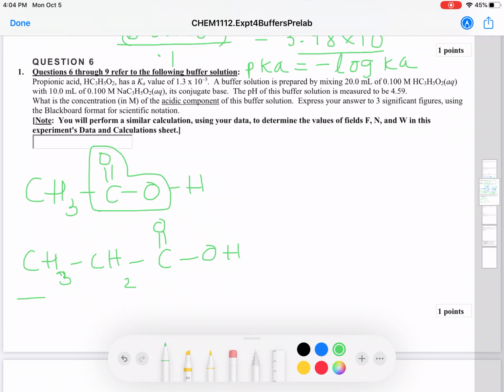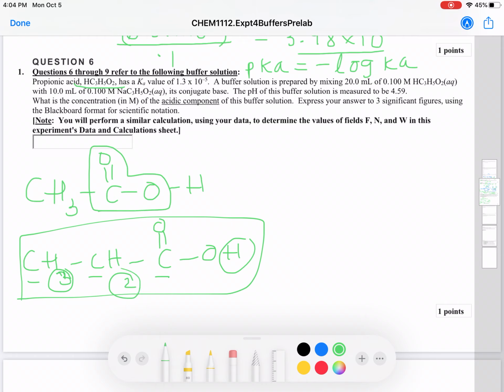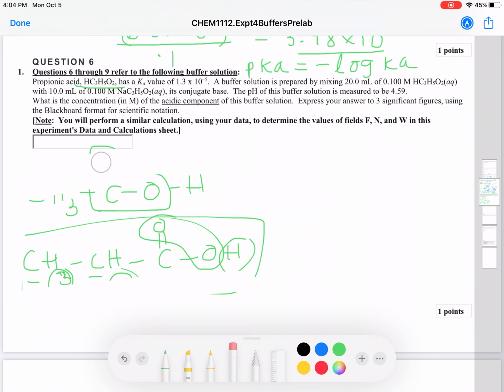So this one is propionic acid. You see here the first H in propionic acid represents that hydrogen. There are 3 carbons, 1, 2, 3, and then we have 5 hydrogens, 3 plus 2, and then 2 oxygens. Okay, that's the structure of propionic acid.